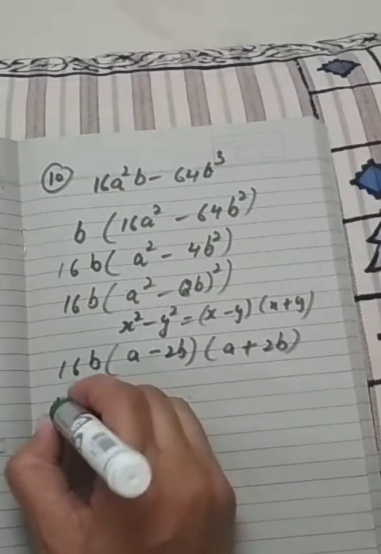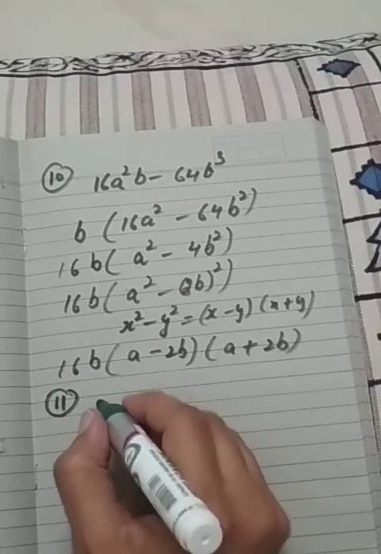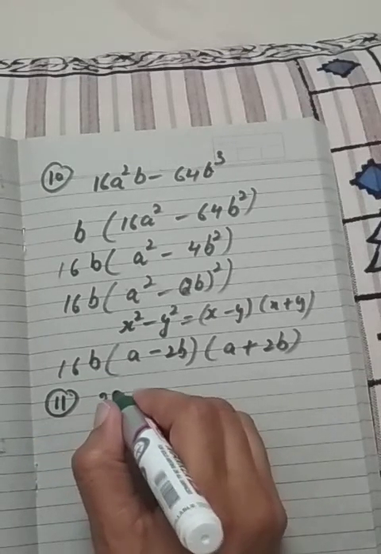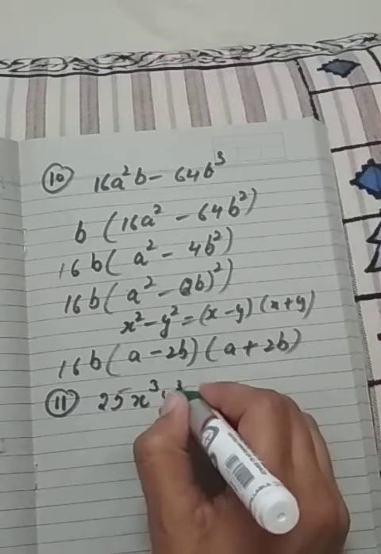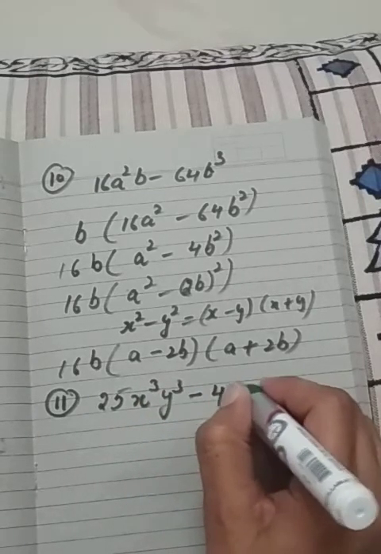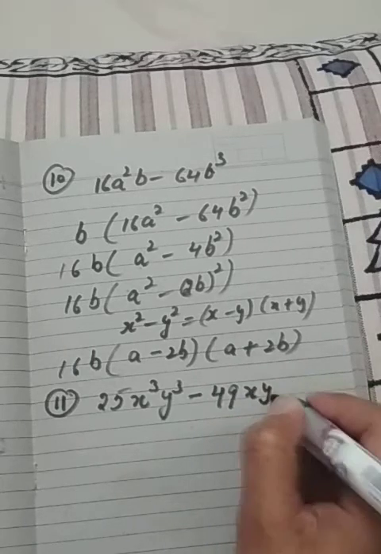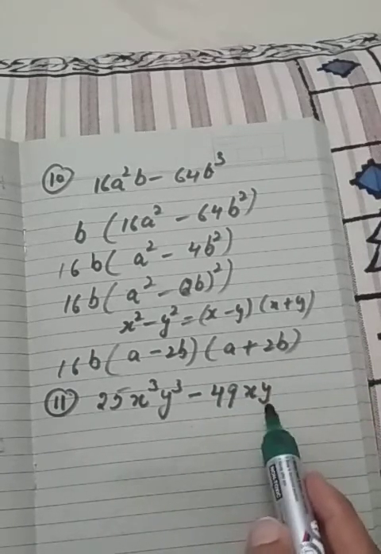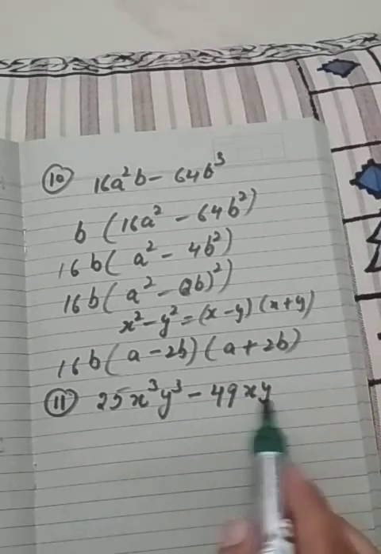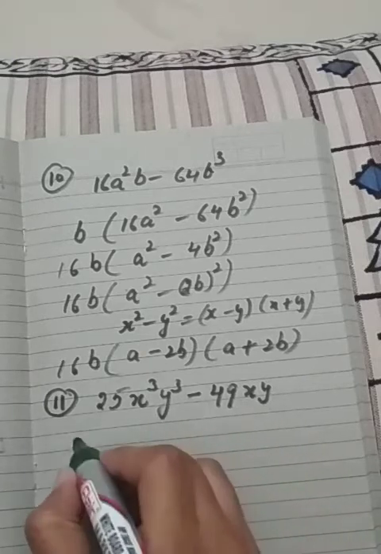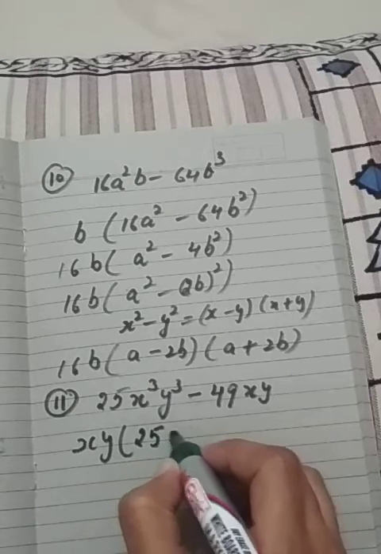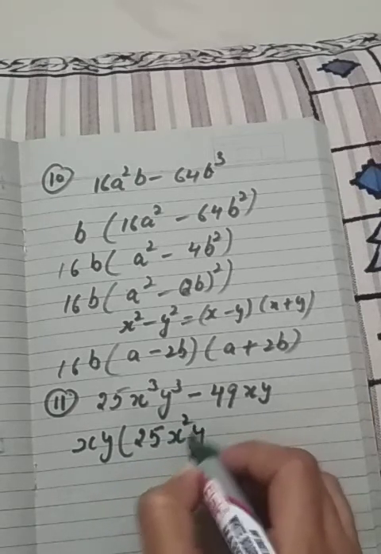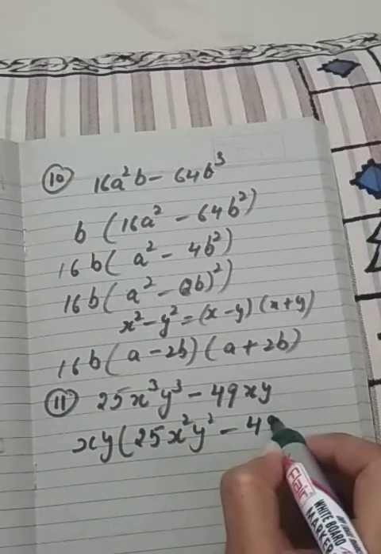Now see the 11th part, that is 25 x cube y cube minus 49 xy. Now firstly take xy as a common because it is in both sides. Take common as xy. Now here left 25 x square y square minus 49.